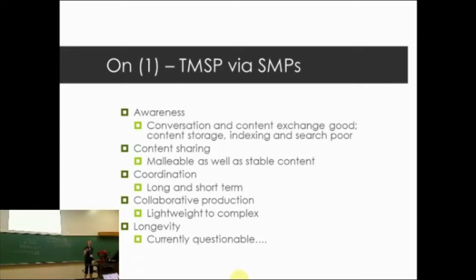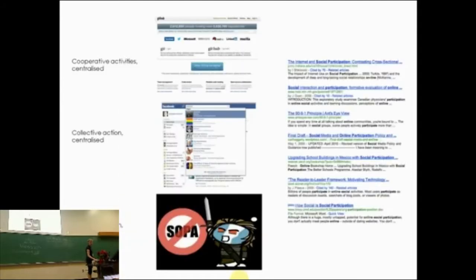How do I go in and actually work on something with you? Really collaborate on the co-production of something. Coordination should be long-term as well as short-term. And collaborative production should be lightweight as well as complex. And longevity, for a lot of these systems, is currently questionable. And this, again, picks up on something that Ben said, and I'm going to reiterate through the talk.